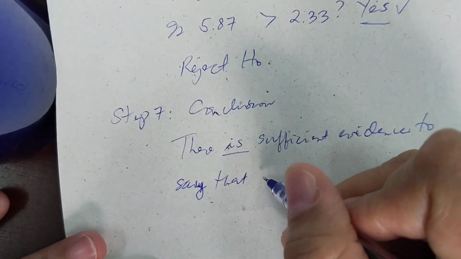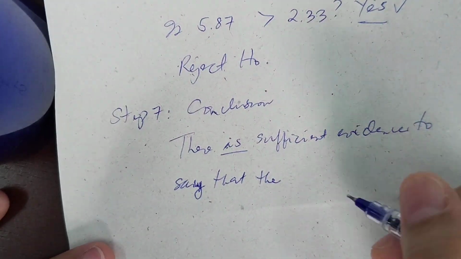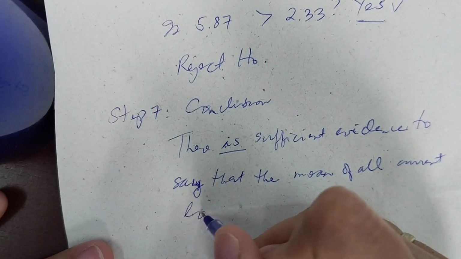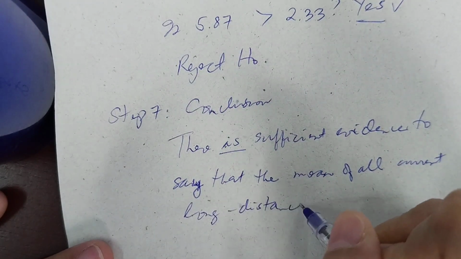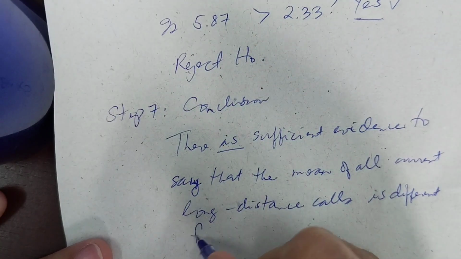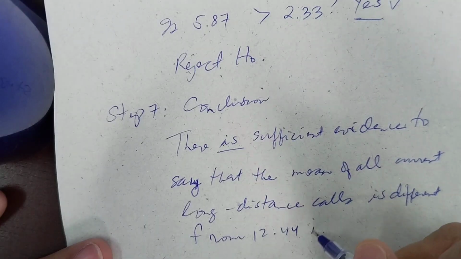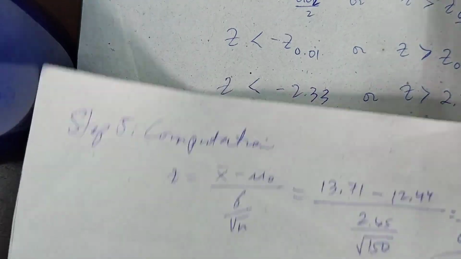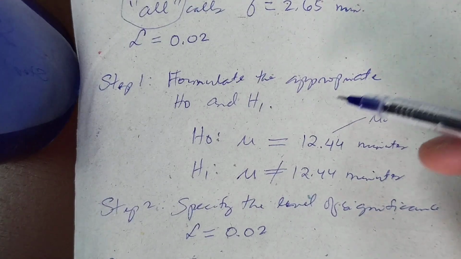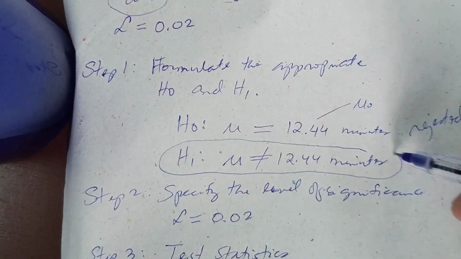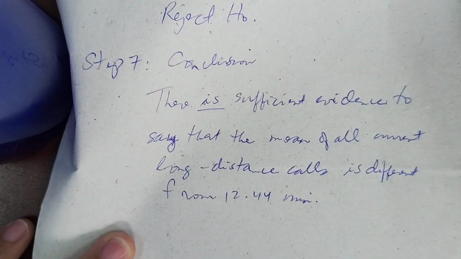To say that the mean of all current long distance calls is different from 12.44 minutes. H0 was rejected. Recall that your H0 is equal. Now, it was rejected. That means our conclusion is this: the mean of all calls is different from 12.44 minutes. Therefore, okay, thank you.